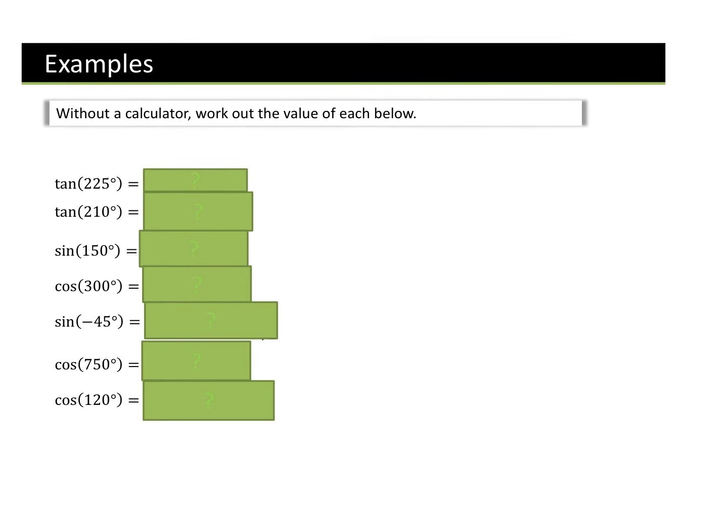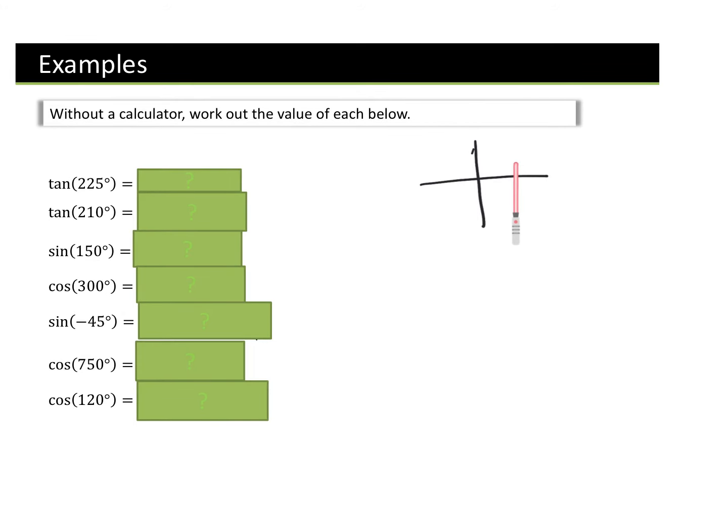Okay, so to start with, we've got tan of 225. So if I was to draw my CAST diagram, tan of 225, if I think about where 225 is, I know if this is 0, 90, 180, 270, it's got to be in between here. So roughly 225.